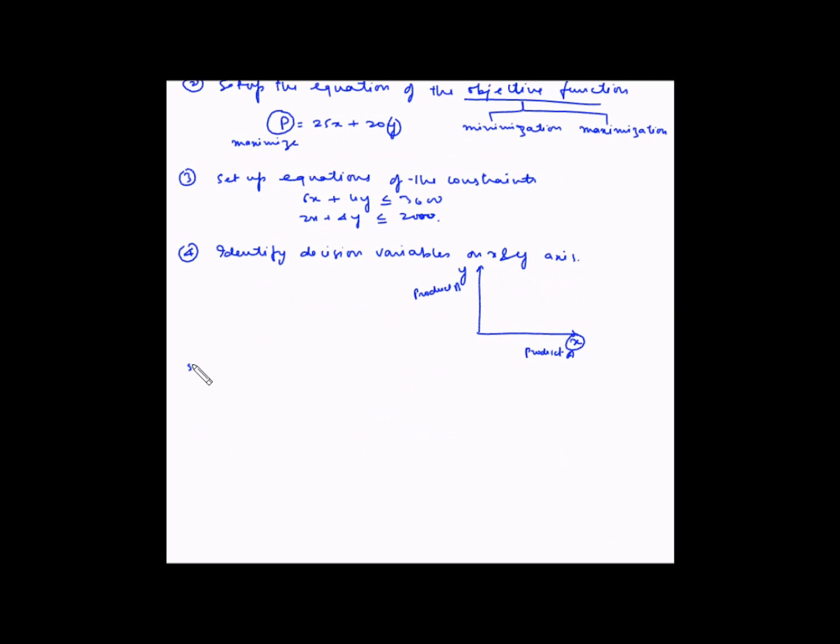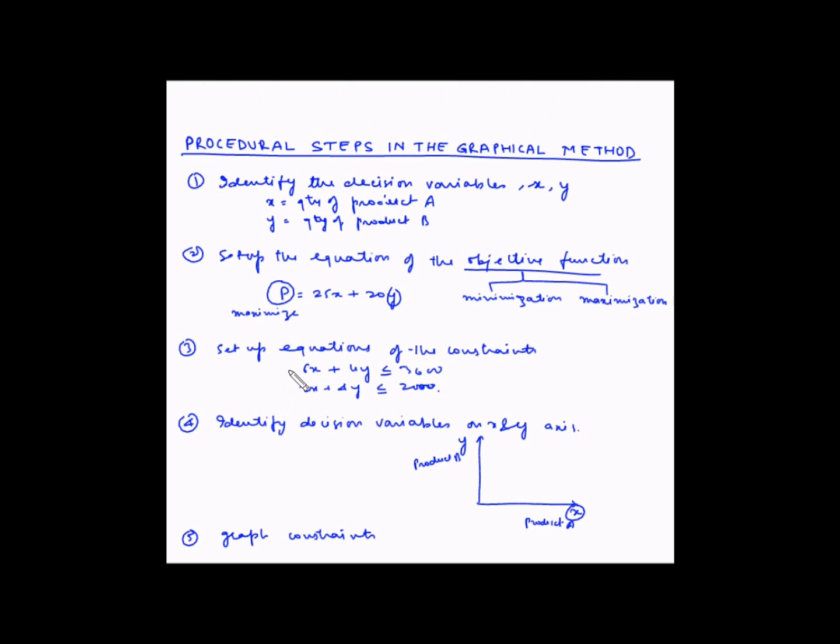Now the next step, that is the fifth step, is to graph the constraints by reducing them to equality. So we already have identified two constraints, which is 6x plus 4y is less than or equal to 3600 and 2x plus 4y is less than or equal to 2000.